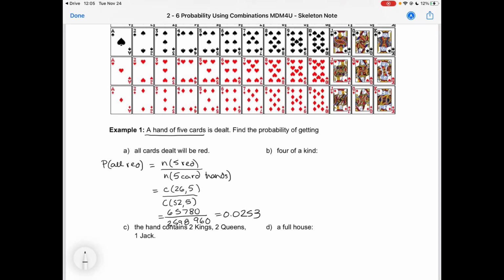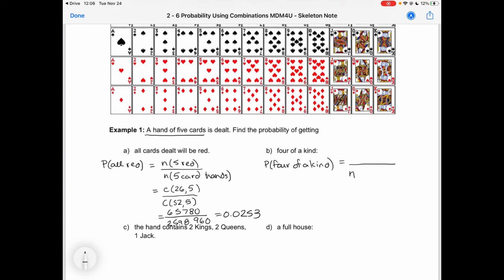The next card hand that we're going to take a look at is getting 4 of a kind. So that means 4 cards that are all the same. So here we're going to have our total on the bottom.